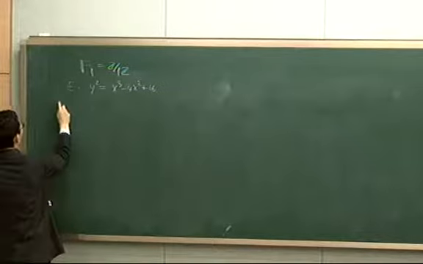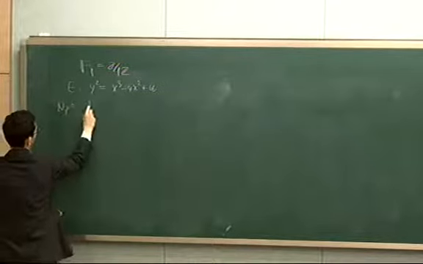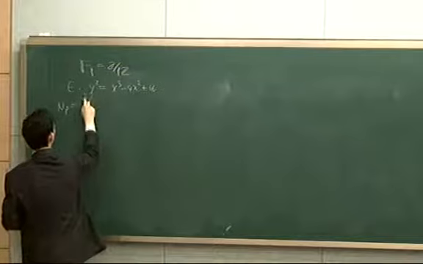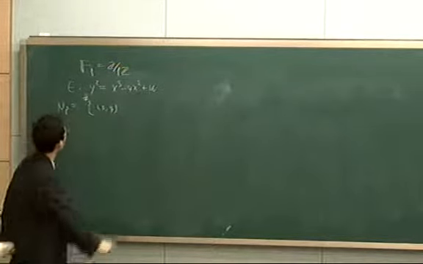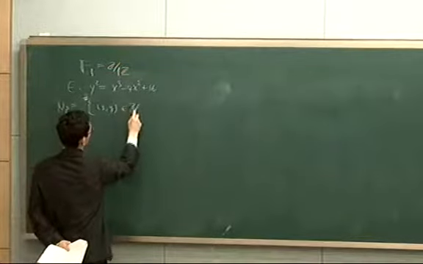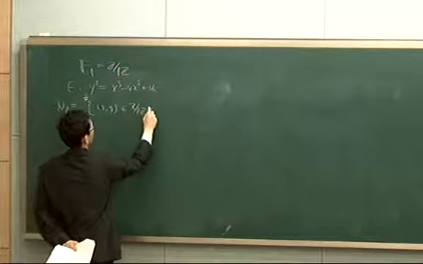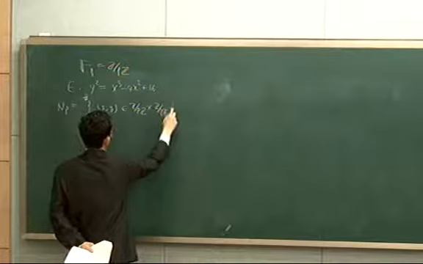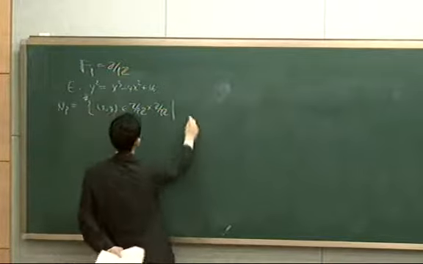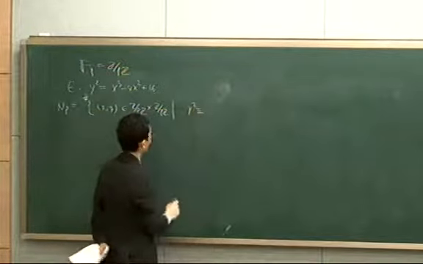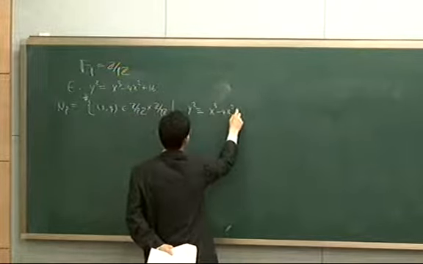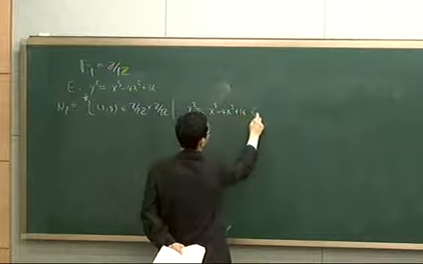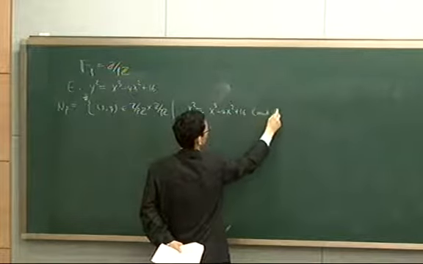Let me denote by N_p the number of points with coordinates in Z mod pZ times Z mod pZ which satisfy the congruence equation y squared equals x cubed minus 4x squared plus 16 modulo p.